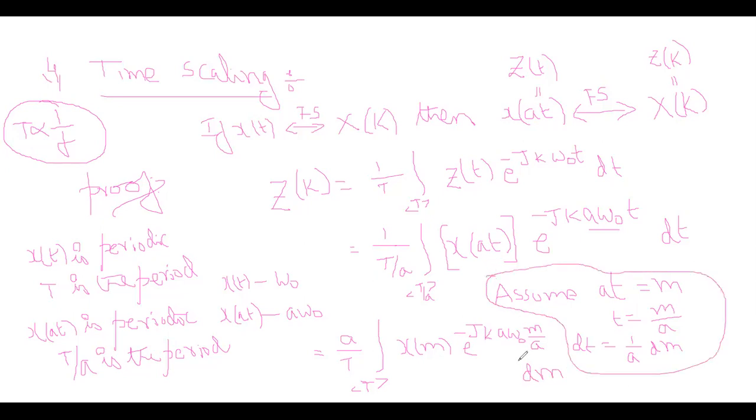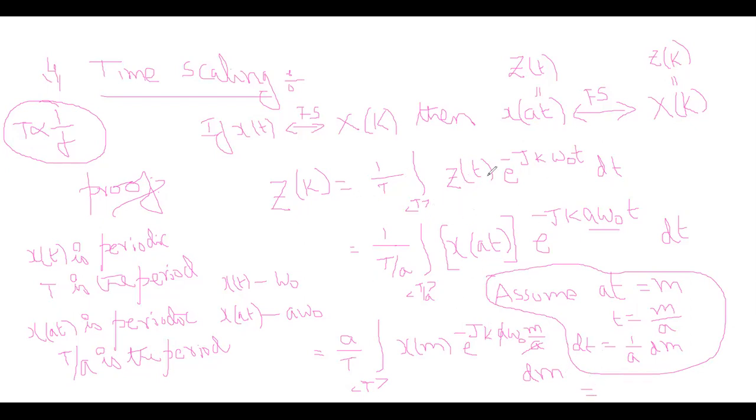Okay, my dear students. Now the a gets cancelled here. See, 1 by T integral over T of x of m e power minus j k omega naught m dm. And this equation is for when a is equal to 1, and it becomes the same equation.